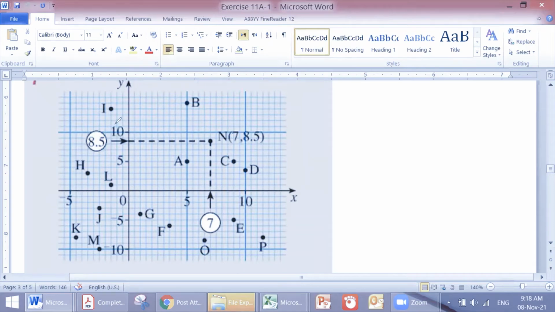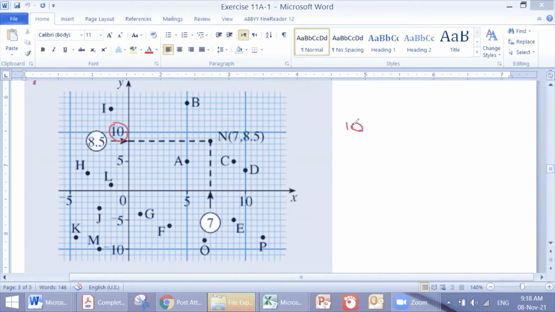So 0 to 10, the first number is 10, and how many total divisions are there? 1, 2, 3, there are a total of 10 divisions. Now this one is the number 5, the first number on the y-axis, so you will write 5. And the number of divisions is also 5. So 5 divided by 5 will be 1. So this small unit on the y-axis shows 1 unit.